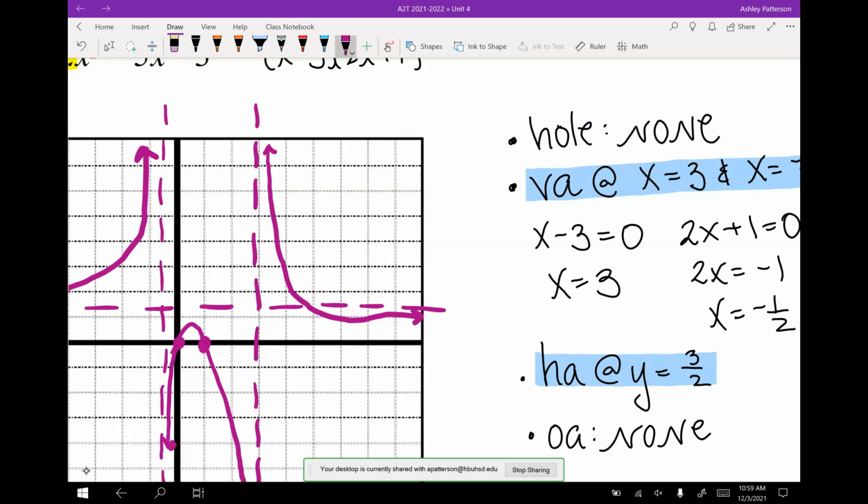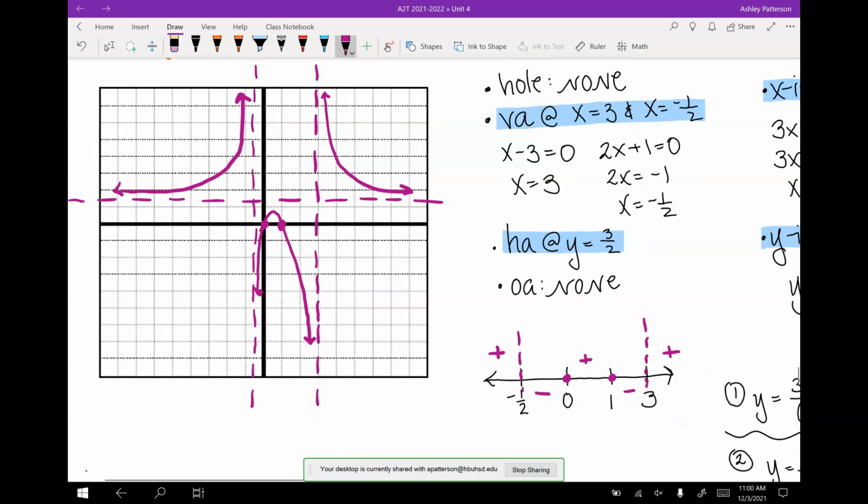Jen? Because it would go negative. Good. And what else? What do we not have? Yeah, we would have to have another x-intercept. So all of these little nuances we have to keep in mind. For the purpose of my graph, I'm going to stay above, and so then I curve to the right.